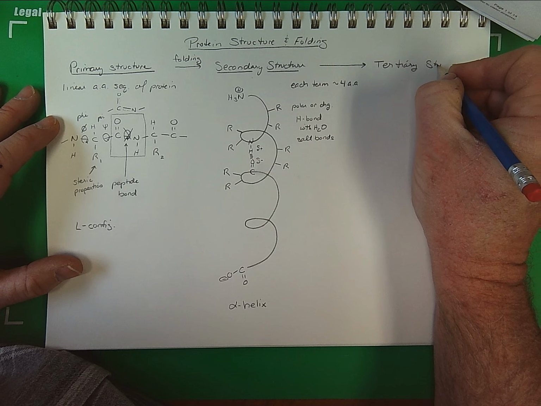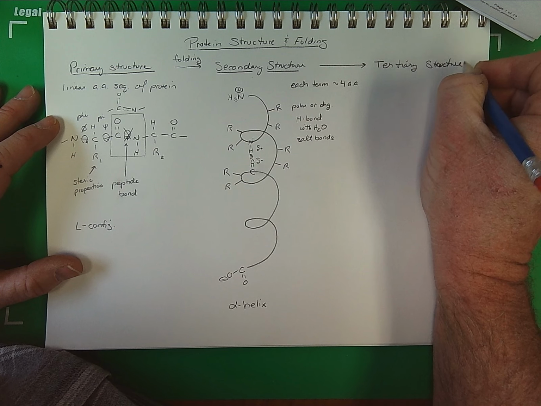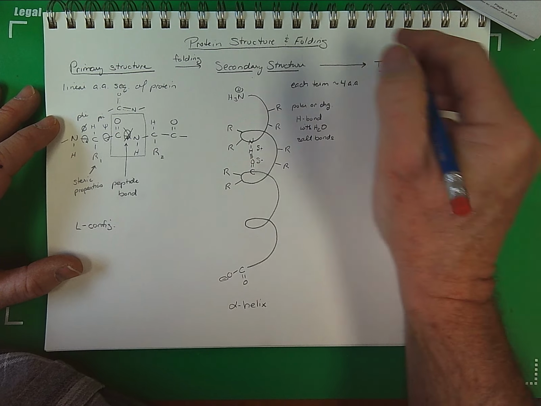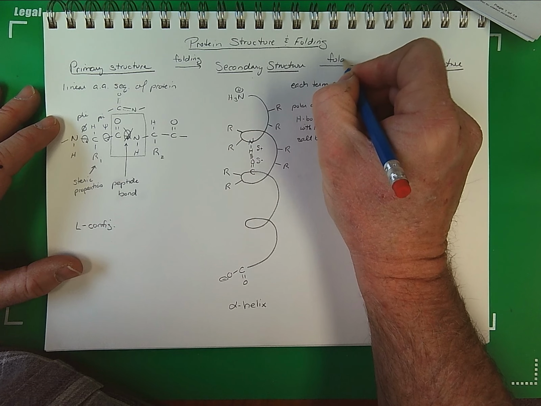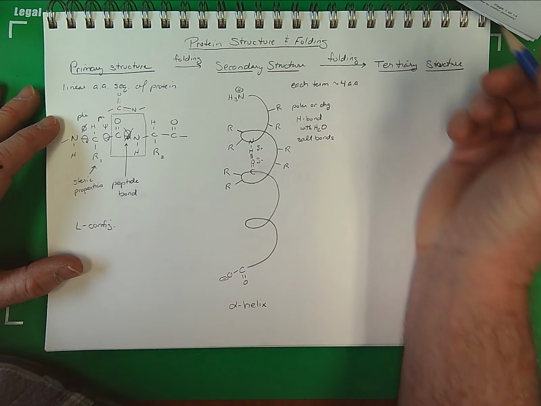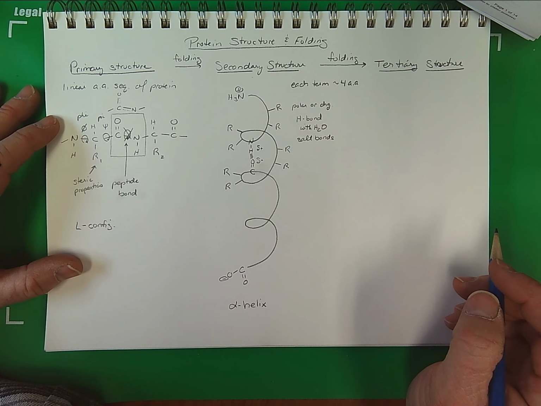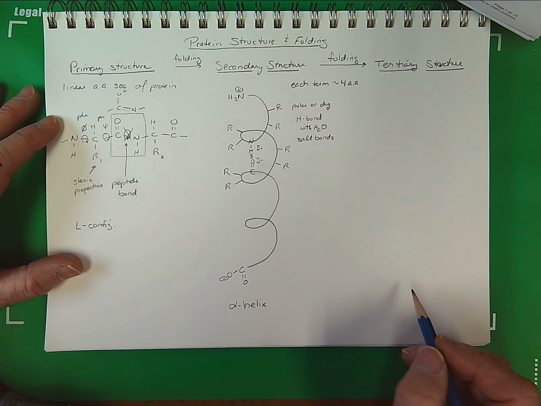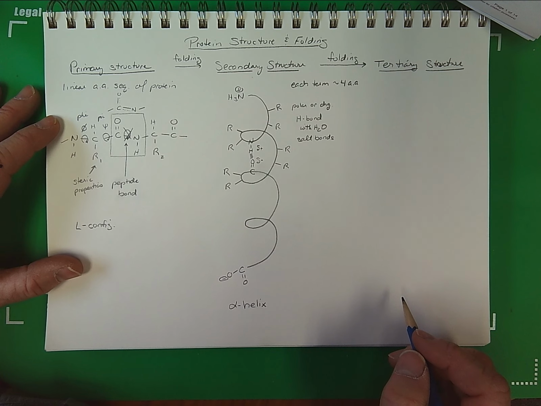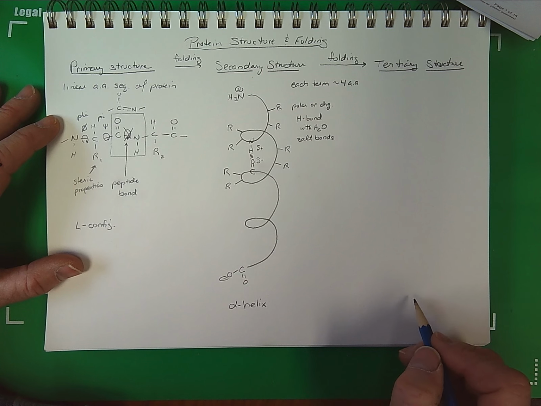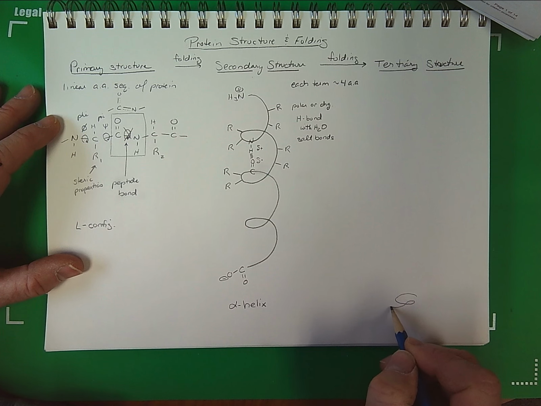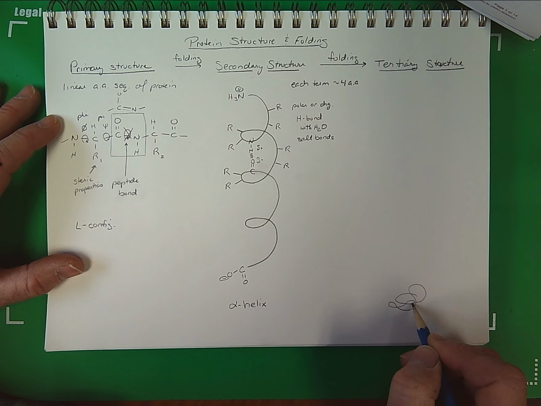This is called tertiary structure. Additional folding must occur. The final product of tertiary structure will be our monomeric protein unit, and it's this structure that will give us the final structure of our protein.